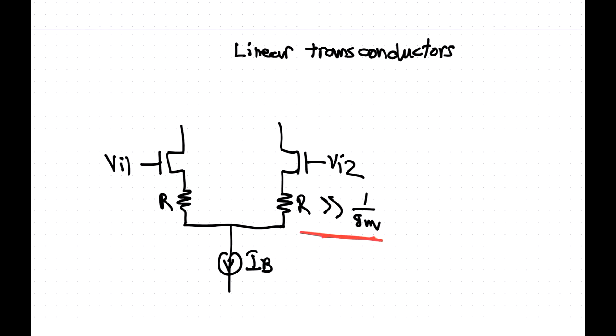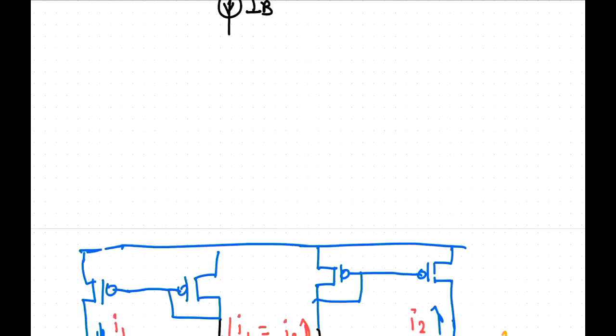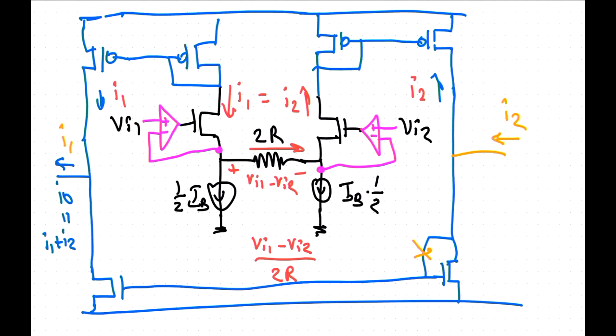So now this is easy to meet, which means I can pretty much ignore that, and I have a very nice and linear circuit here. This is probably going to be limited by the linearity of this resistor. Yeah, so this is very nice and linear now.